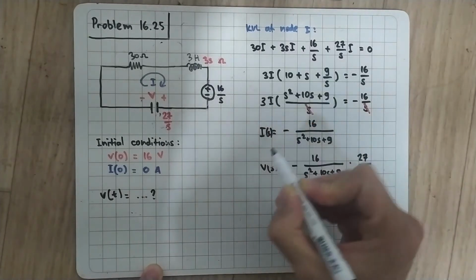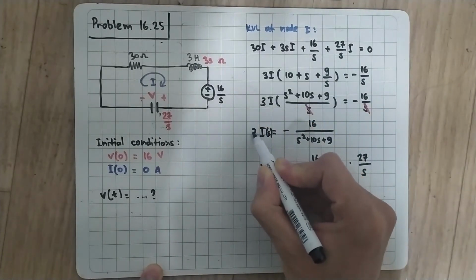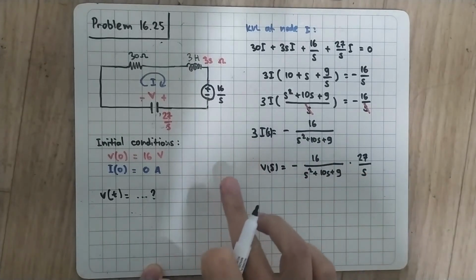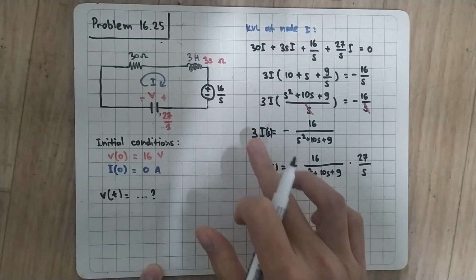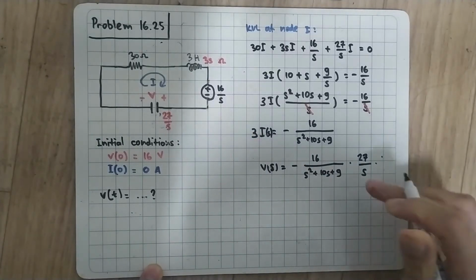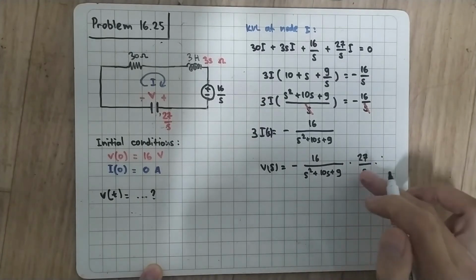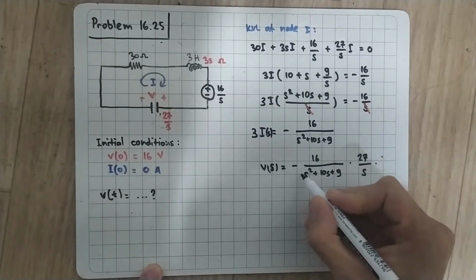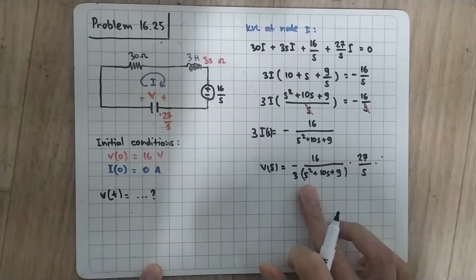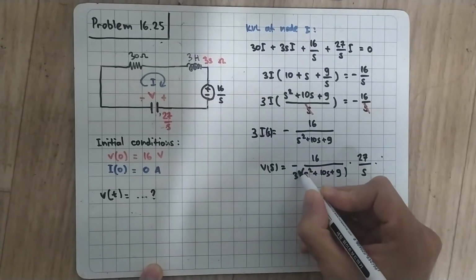let's just do this 3 here, so I will have 3Is. So for Vs, I just need to divide this by 3. So this is 3I, so I need to multiply it by 3 here. Okay, now let's do some math here.